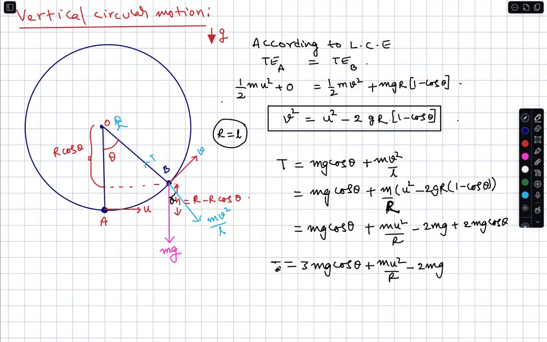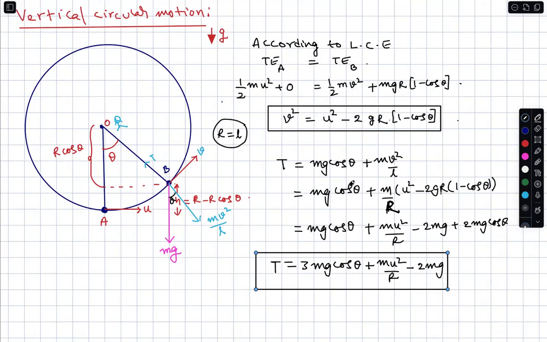Agreed. This is the tension. Any doubt? Please ask me right now. One is the weight component, mv square by L. So m by r times u square minus 2gr into 1 minus cos theta.